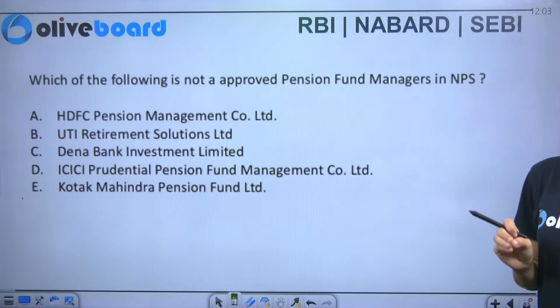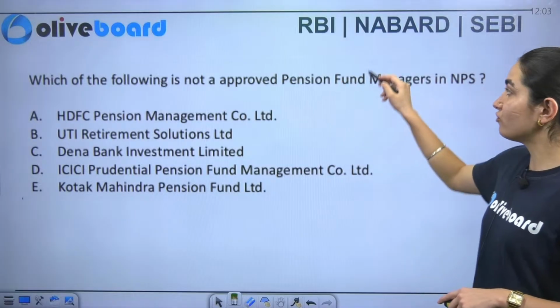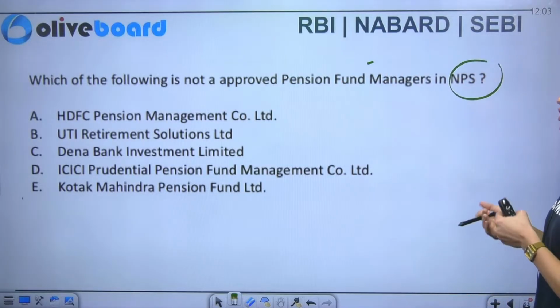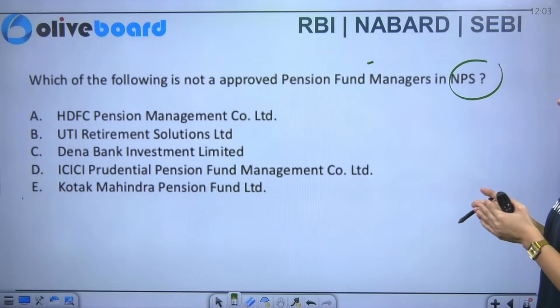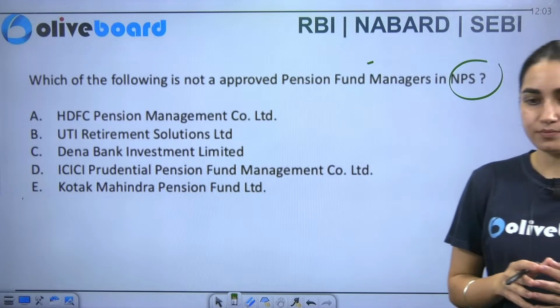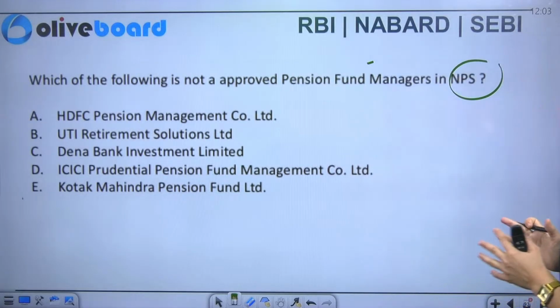The next question says, which of the following is not an approved pension fund manager in NPS? Is it HDFC Pension Management Corporation Limited, UTI Retirement Solutions, Dena Bank Investment Limited, ICICI Prudential Pension Fund Management, or Kotak Mahindra Pension Fund Limited? Yes, second and third, both are the correct statements.